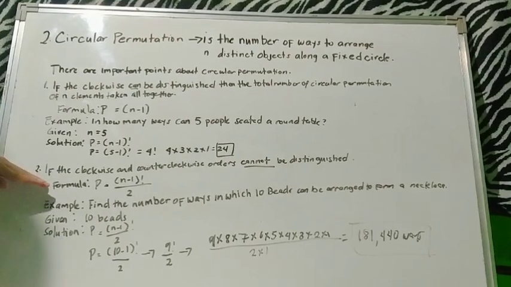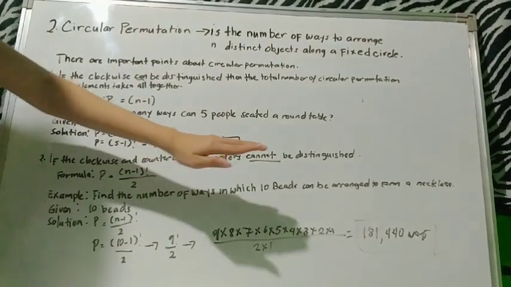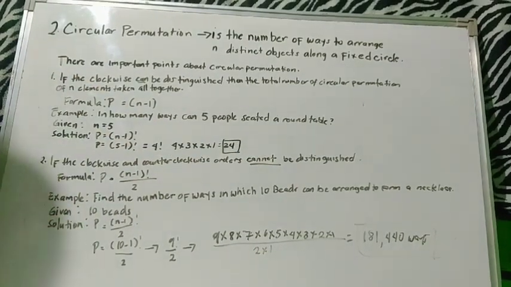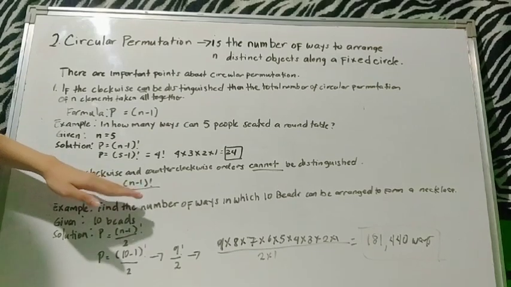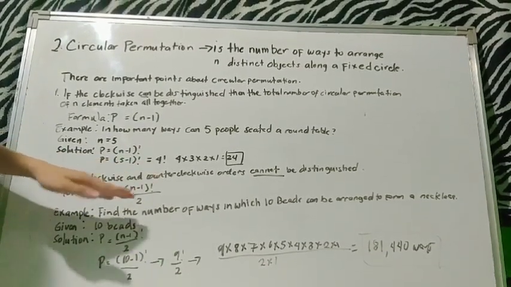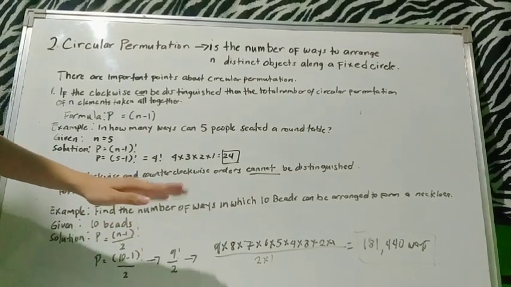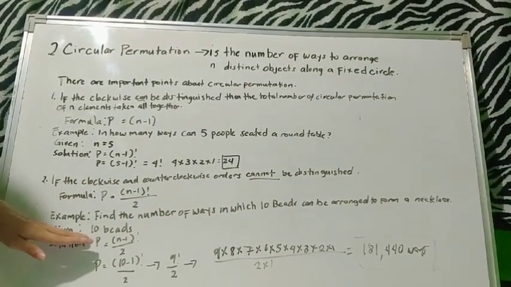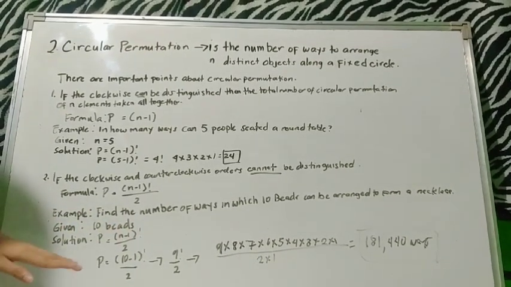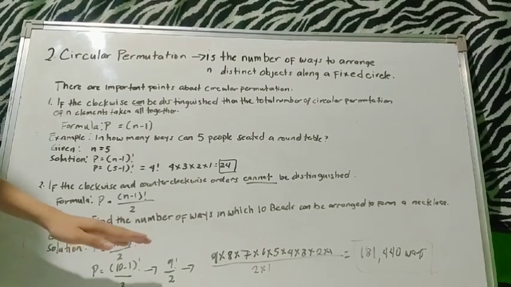And number 2, if the clockwise and counterclockwise orders cannot be distinguished, the formula is P equals (n minus 1) factorial over 2. For example, find the number of ways in which 10 beads can be arranged to form a necklace. Given 10 beads, the solution is P equals (n minus 1) factorial over 2.